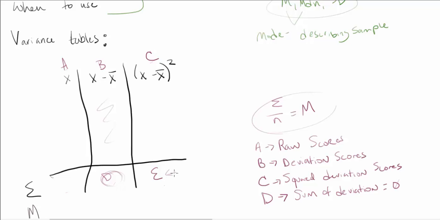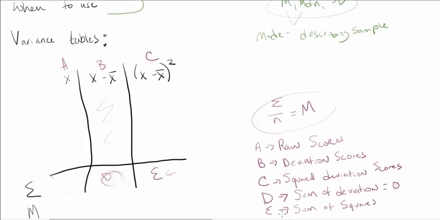With E here, we've got our column C, which are our squared deviation scores, right? So we're taking these deviation scores, squaring them, we're summing them here. So what do we call column E? Right, so this should be sum of squares.